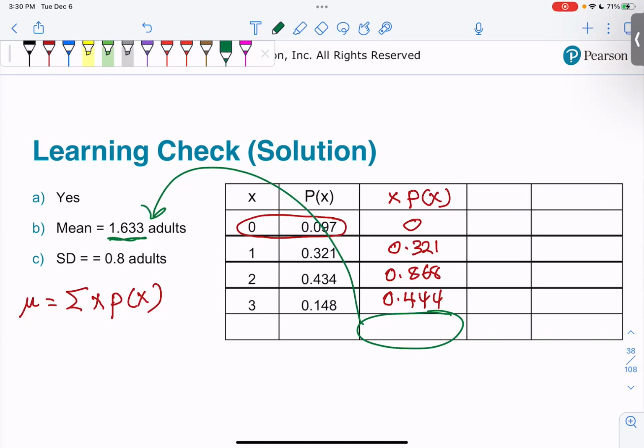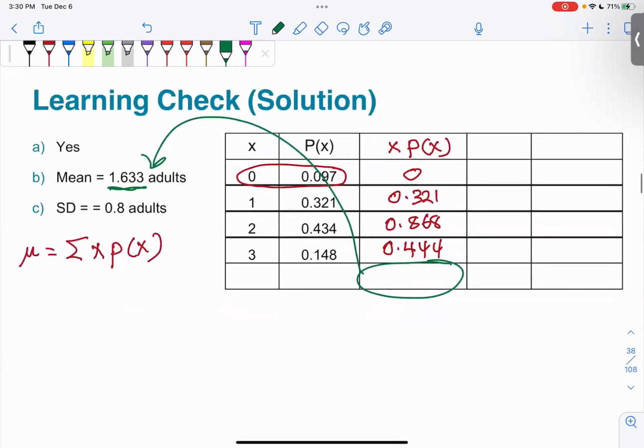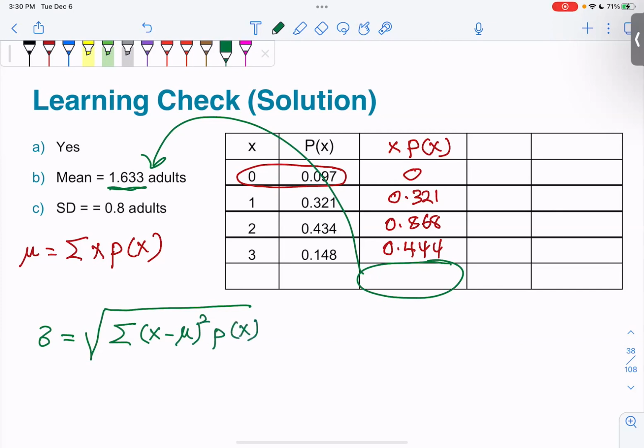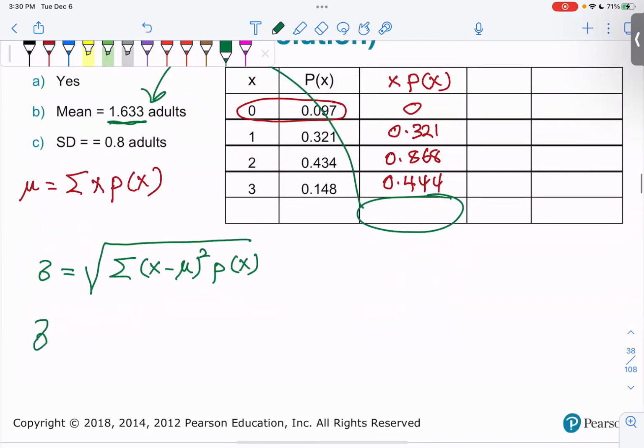Right? Okay, now for standard deviation, sigma equals the square root of the summation of (x minus mu) squared times the probability of x. Or you can use this formula: the square root of the summation of x squared times probability of x, minus mu squared.